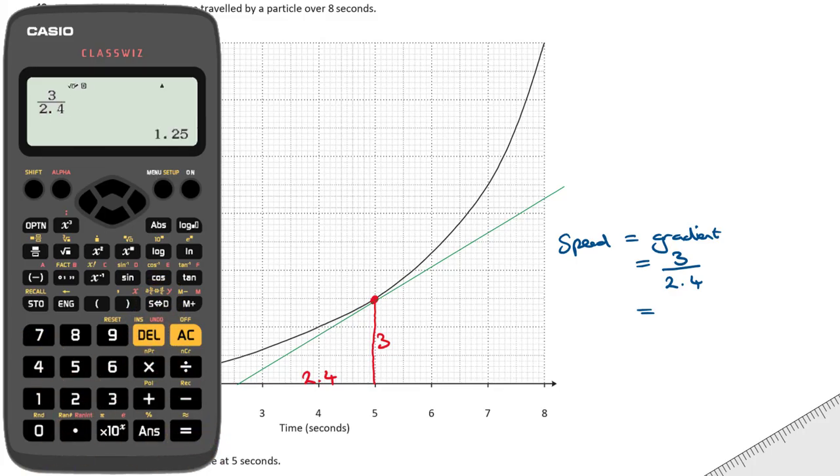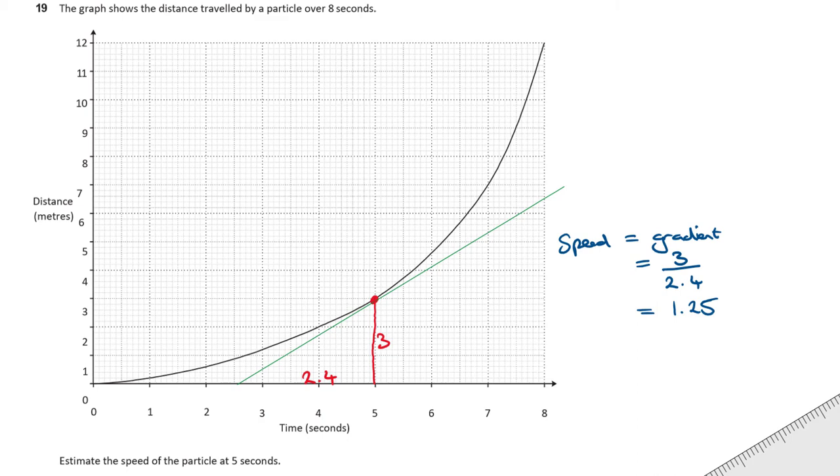That's 1.25. Time was in seconds and distance was in meters. I divided meters by seconds. I've got meters per second then, haven't I? Okay, so that's 1.25 meters per second.